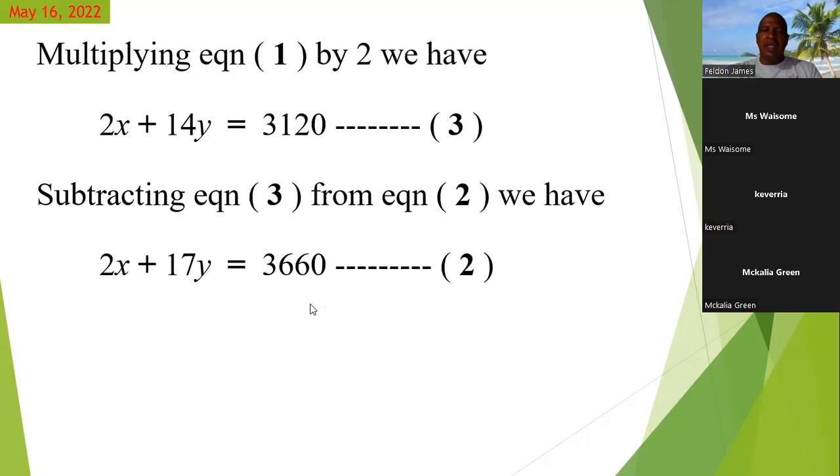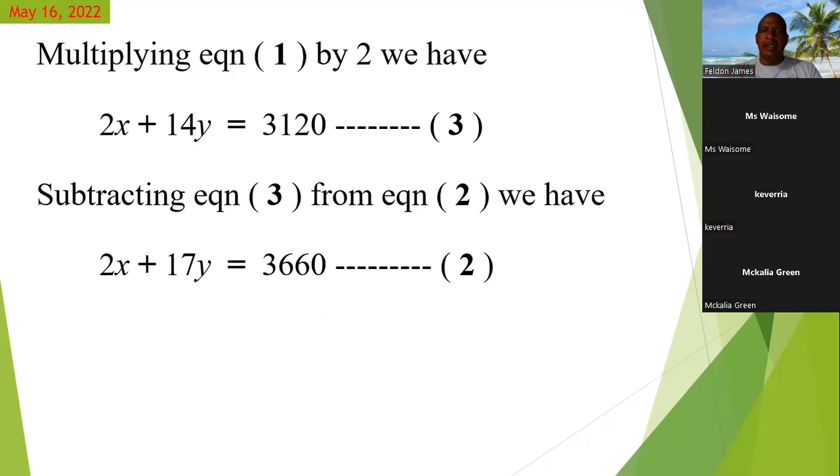Next, what are we going to do to eliminate? Add or subtract? Subtract, sir. Which equation is subtracting from which one? We're subtracting equation 3 from equation 2.